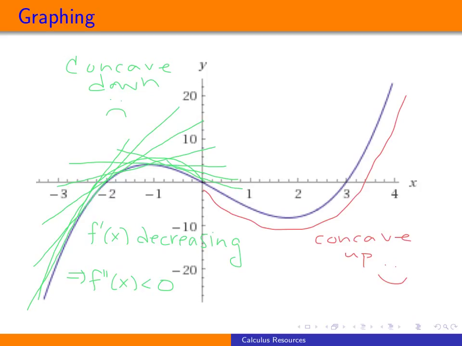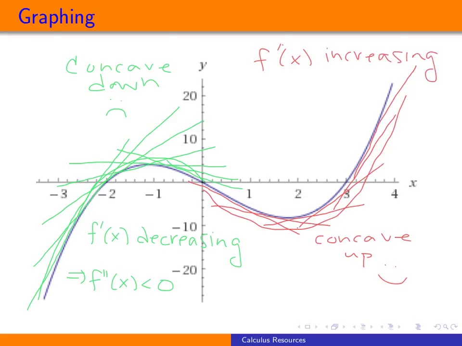Now for concave up, when I go over here and I draw my tangent lines, I can see that they are becoming larger and larger numbers. So on this side, where I have a concave up portion of my graph, f prime of x is increasing. And for a function to be increasing, its derivative has to be greater than 0.